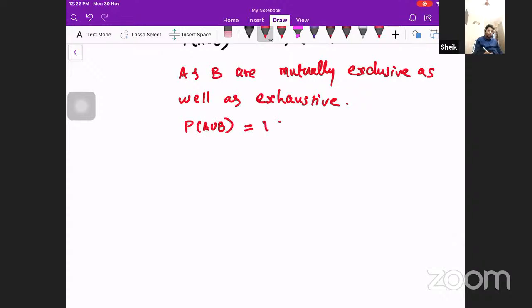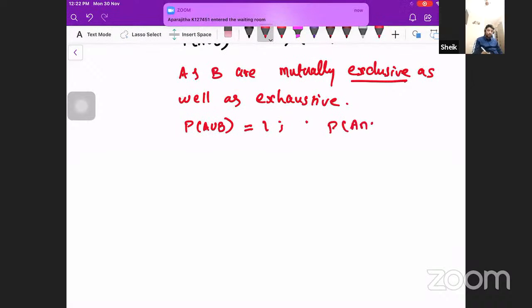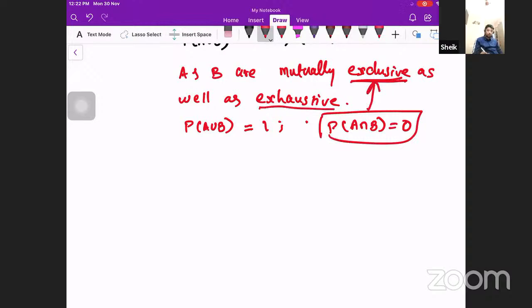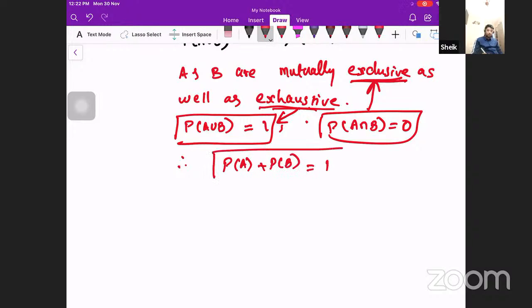Exclusive means P of A intersection B equals 0, and exhaustive means P of A union B equals 1. So therefore, our condition becomes P of A plus P of B is equal to 1.